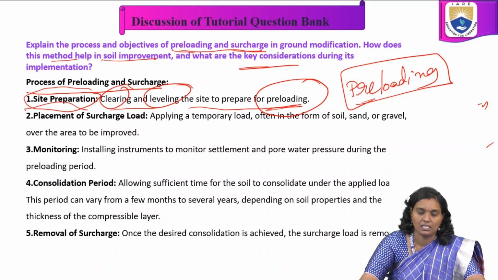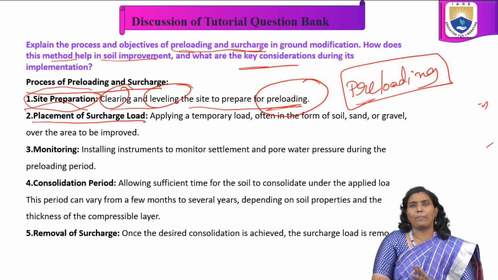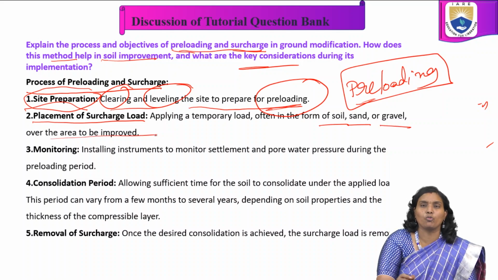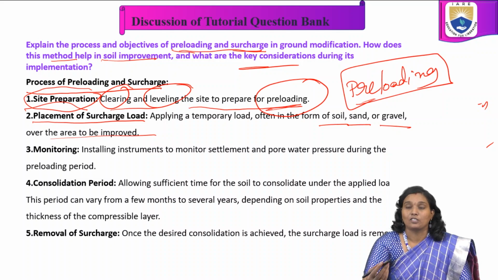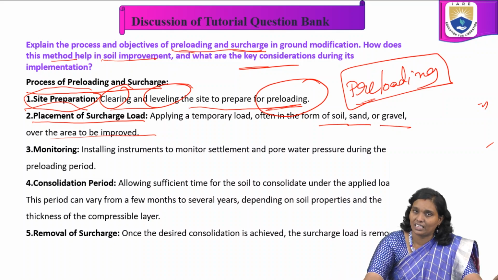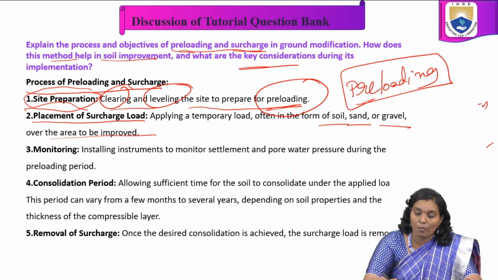The next step is placement of surcharge load. This means applying a temporary load, often in the form of soil, sand or gravel, over the area to be improved. There are many different types of loading process, but in this particular technique we apply temporary loads in the form of soil, sand or gravel.